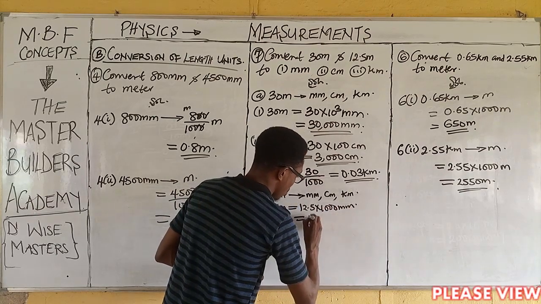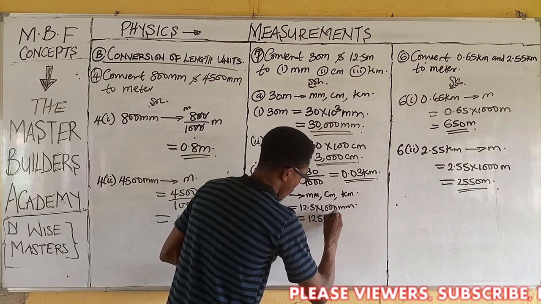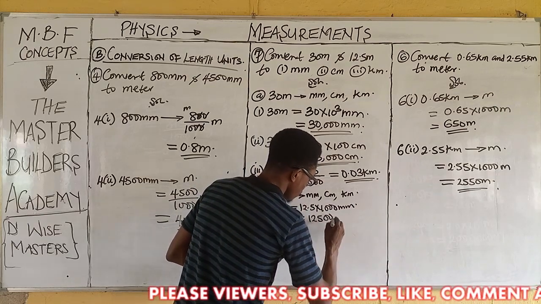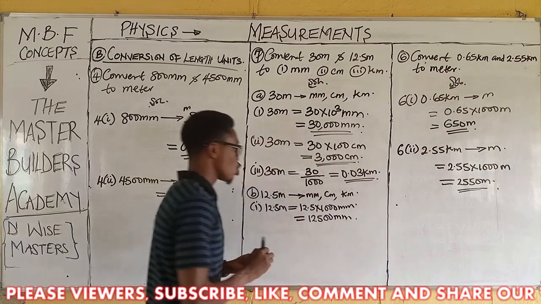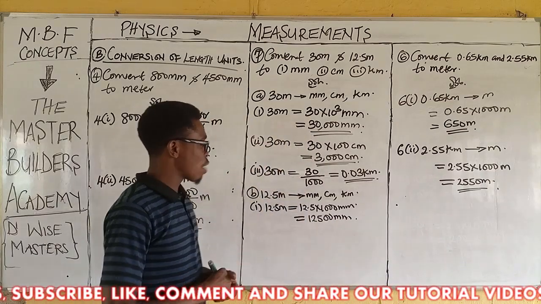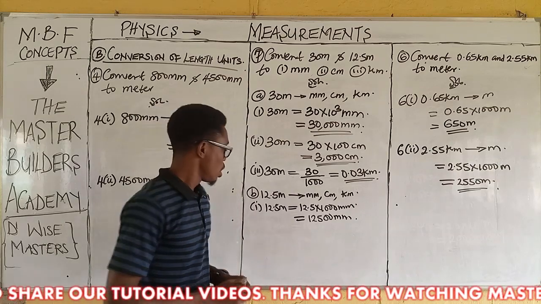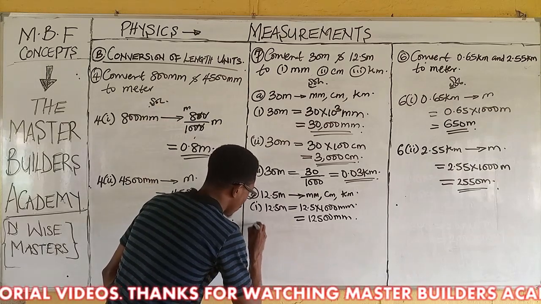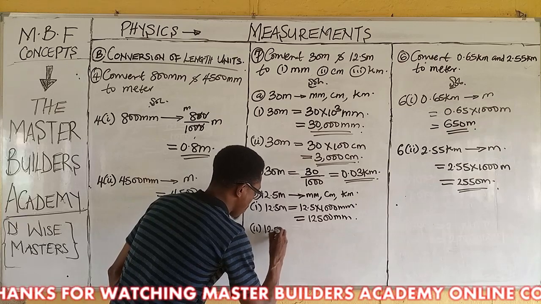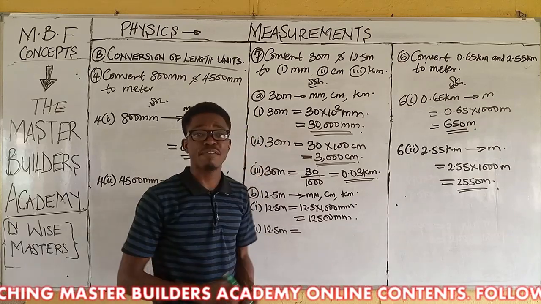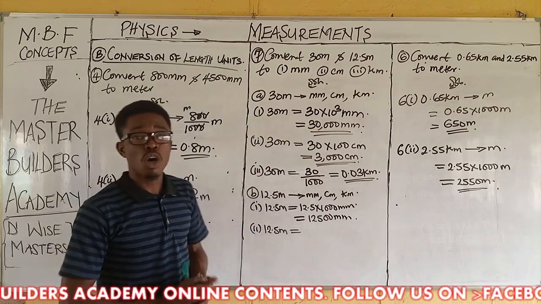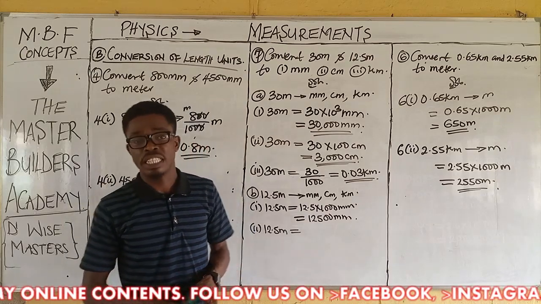And the answer to this will have given us this guy. So 12.5 meters is equivalent to what? 12,500 millimeters. Then we have to convert the same value, 12.5 meters, to centimeter. Now, to convert from meter to centimeters, you also multiply the given value by 100.